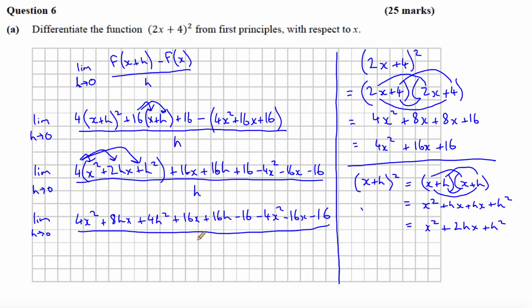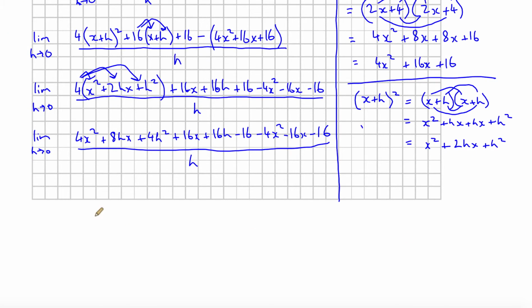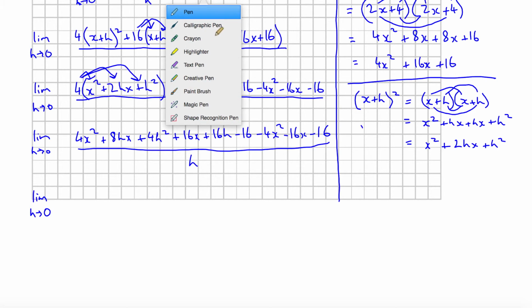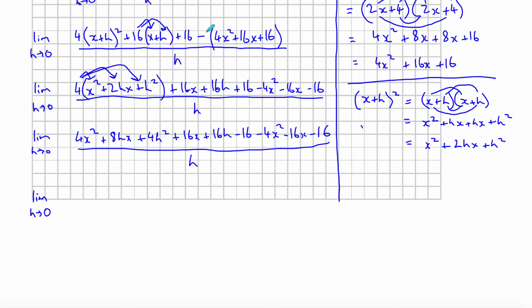So lots of tidying up to do. So we've got the limit as h goes to 0. Okay, so now I'm going to just identify my like terms. 4x squared minus 4x squared, so they cancel. And I've got 16x minus 16x, they cancel.